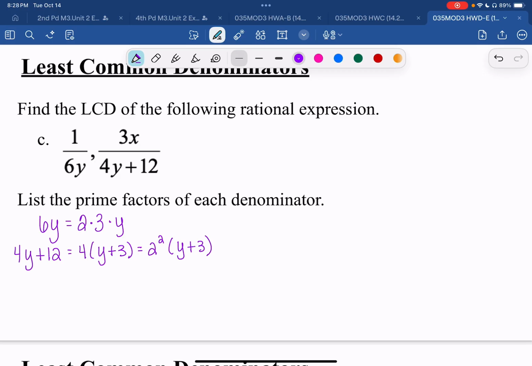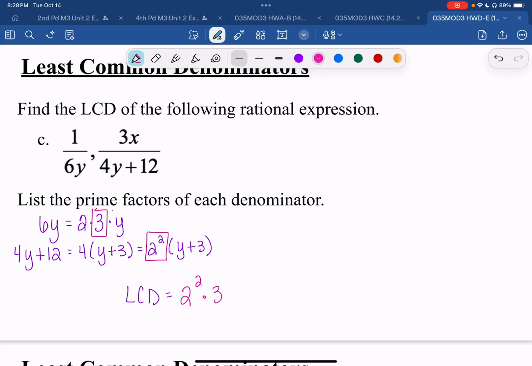Okay, so my LCD has got to have everything. That's what the common part is. So I know it's got to have a 2. I'm going with this one because it's 2 squared. I know it's got to have a 3. Well, that's the only 3.